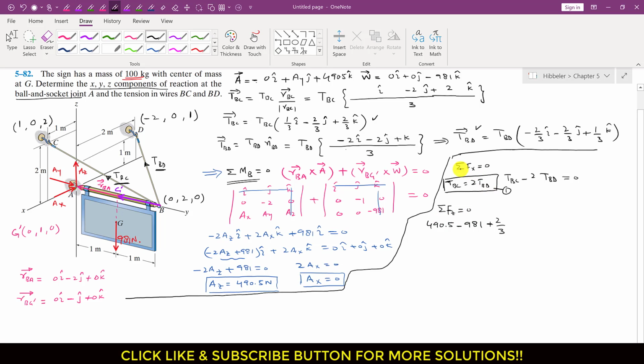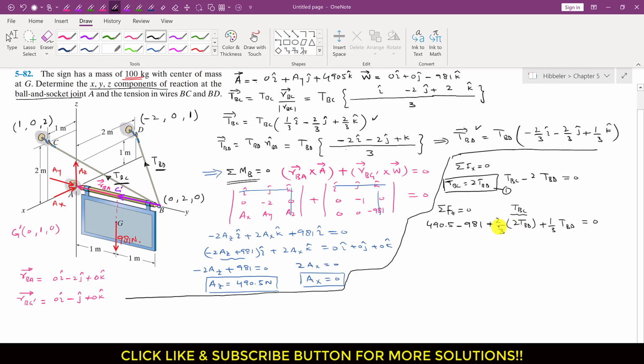I will replace TBC by 2 TBD, and then we have plus 1 divided by 3 TBD, and this is equal to 0, right?